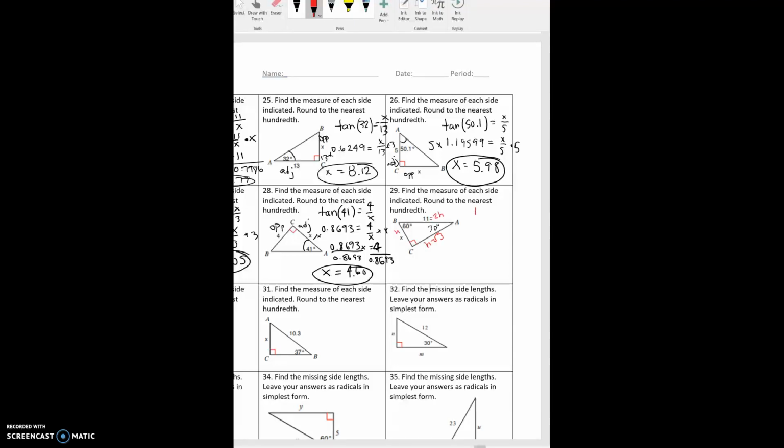If 11 is equal to 2h, h is equal to 5.5. Therefore, this side is 5.5 and x equals 5.5.